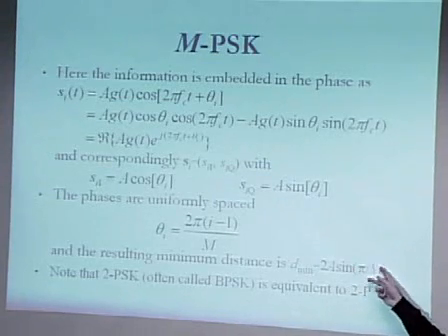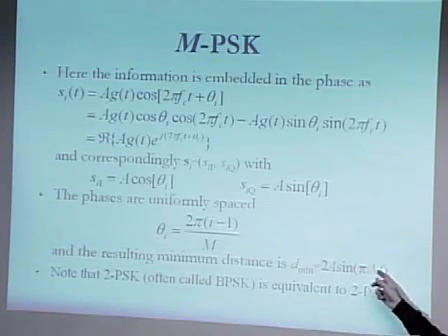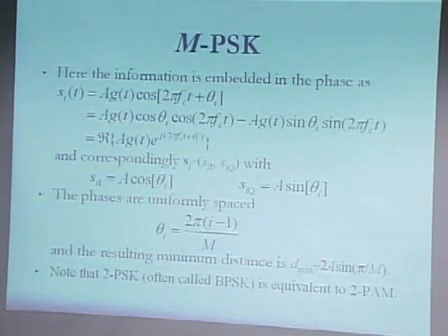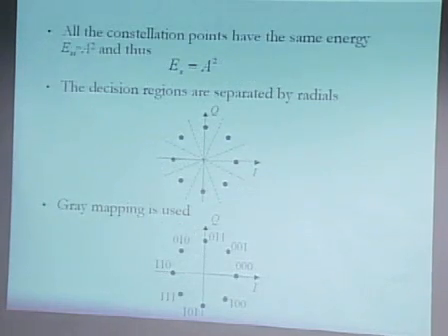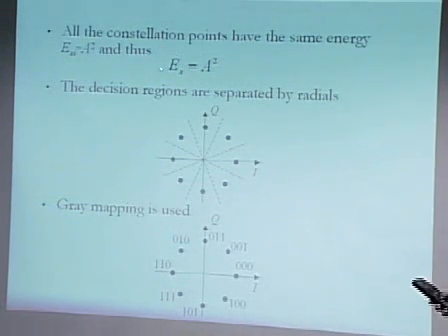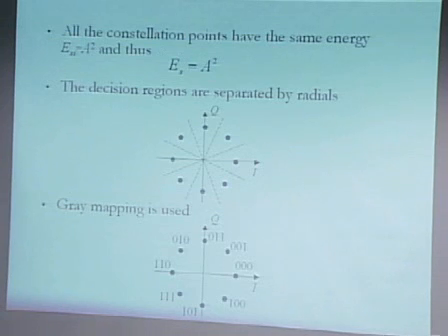As you can imagine, the sine shrinks with capital M, so the distance shrinks. And since the constellation points all have the same energy, A squared, the energy of the symbol, Es, is just A squared.